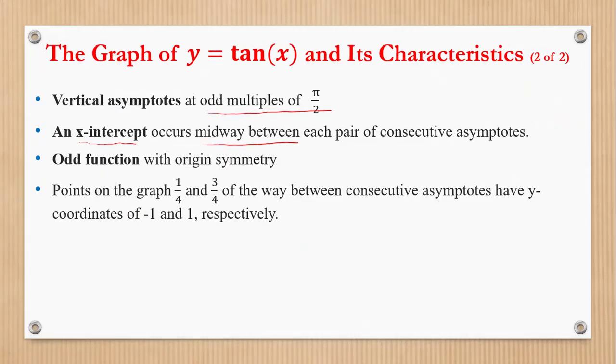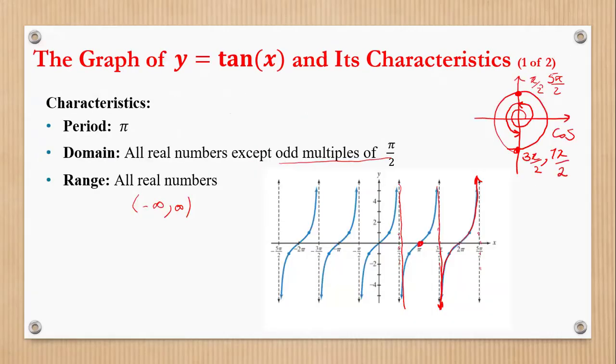And for graphing the function, beside finding the x-intercept, which is the midway, we also need to find two other points, which we call 1/4 and 3/4. Because we want the distance between the two asymptotes to be divided into 4 equal parts. So after graphing the asymptotes, we find the midway.